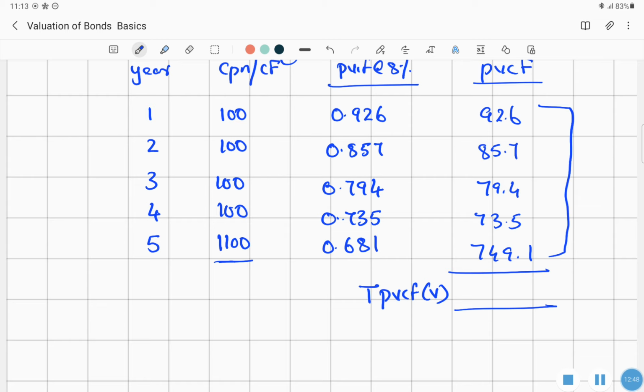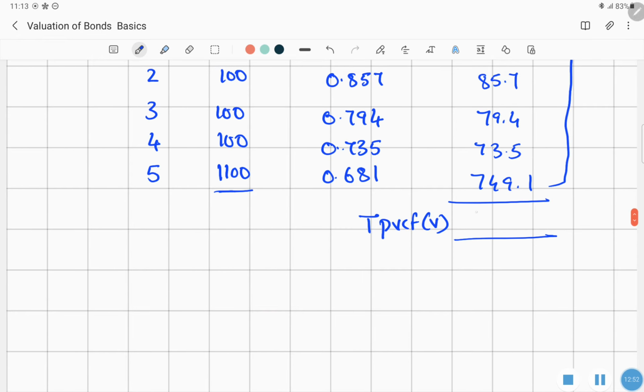So I'll be getting the bond value as 1080.30. So in this situation, we have seen that the required rate of return is 8%, right? The coupon rate is 10%, and we find that the value of bond is 1080.30.